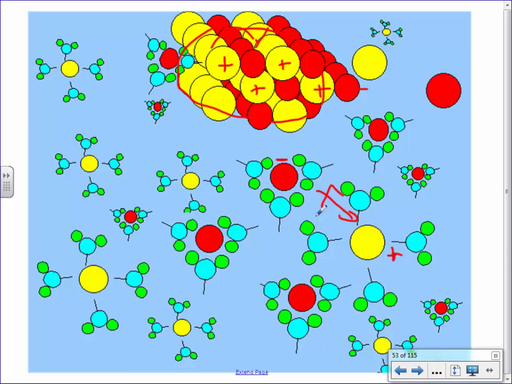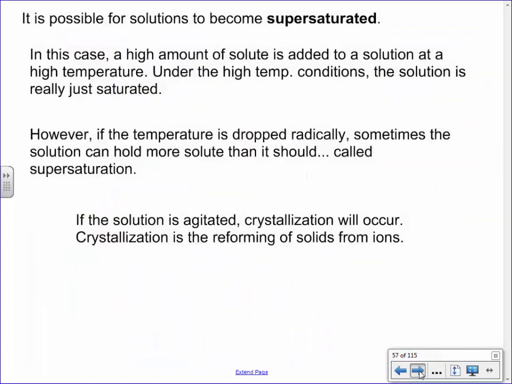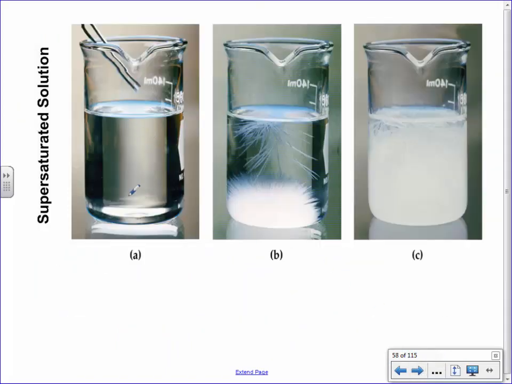But any sort of movement, if you just bump the solution, or sometimes it becomes unstable, it'll instantly, the term we use is fall out of solution. And I've got a picture here where this would be an example of a supersaturated solution. There is so much solute in there that it's past its capacity. And if it were just a bump, you'd all of a sudden see it crystallize.